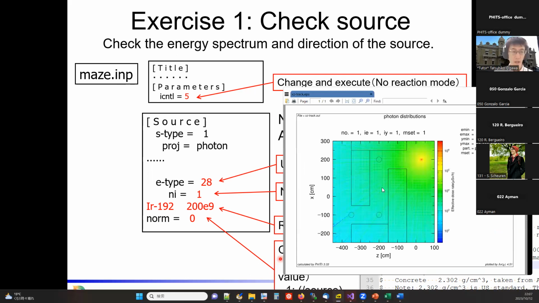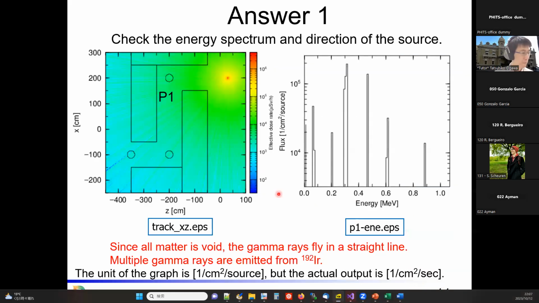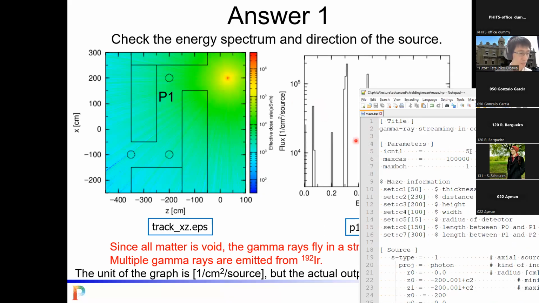In this way, we can get a flux distribution by replacing everything with a void. Like here, this must be concrete, but as icntl is 5, everything is replaced with a vacuum.